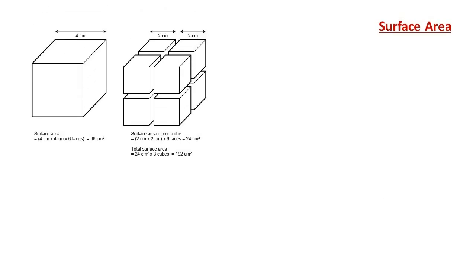First, let us take a simple school problem on surface area. Consider a cube of length, say, 4 centimeters. Then you know the surface area is equal to 96 centimeters squared. Now we cut the cube into two halves, both laterally and vertically.